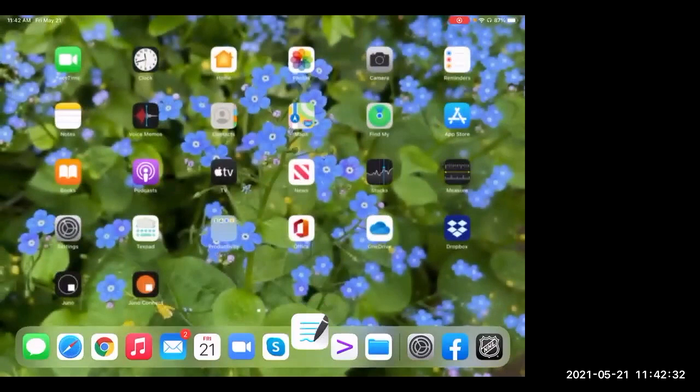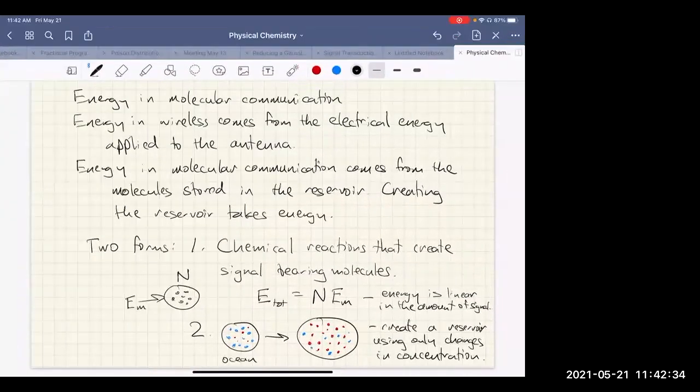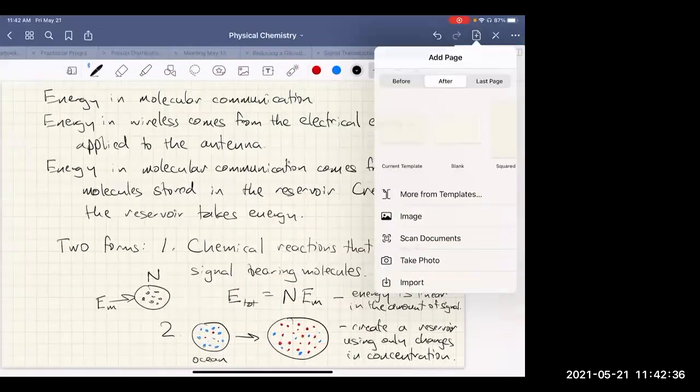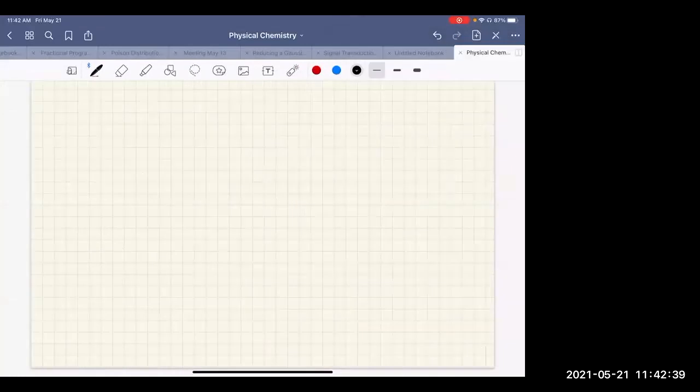It turns out that energy is called chemical potential.